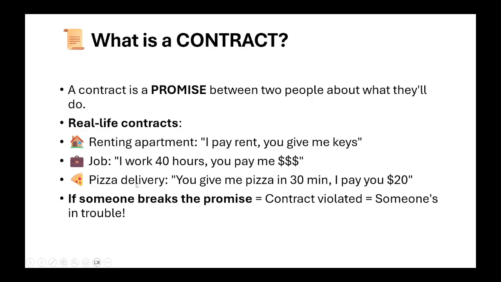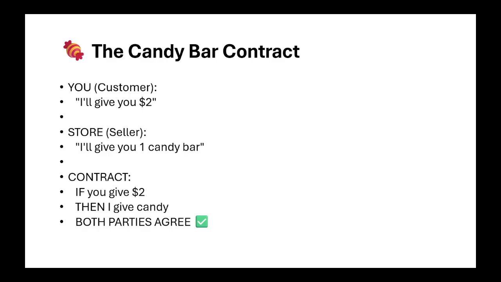And then we have one more example, that is pizza delivery. That is, when you order a pizza, you get it in 30 minutes and then you pay for it. And if the contract is violated, sometimes you may get free pizza depending on the contract. If someone breaks the promise, then the contract is violated, and of course someone is in trouble.